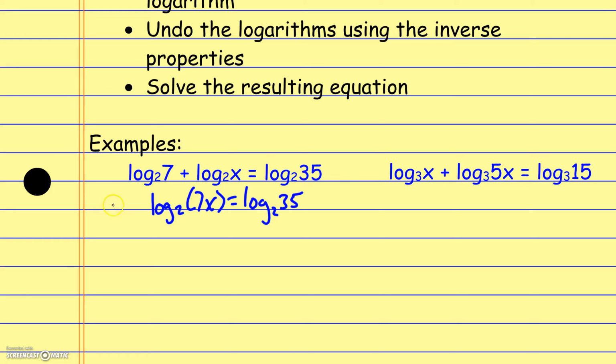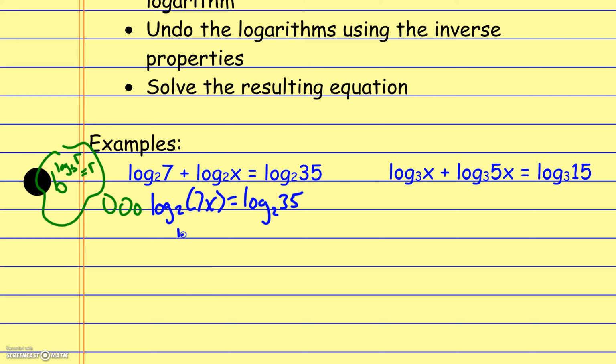And it might be difficult to see, but as we start to think about this, we want to use this property, and so the question becomes, how do I use this property to cancel out the logarithms? Okay, and it's very difficult to see when you first look at this, but here's essentially what we're going to do. We're essentially going to take each side of the equation and make it an exponent.